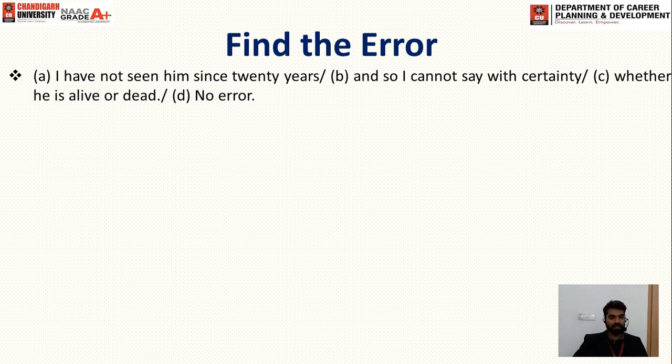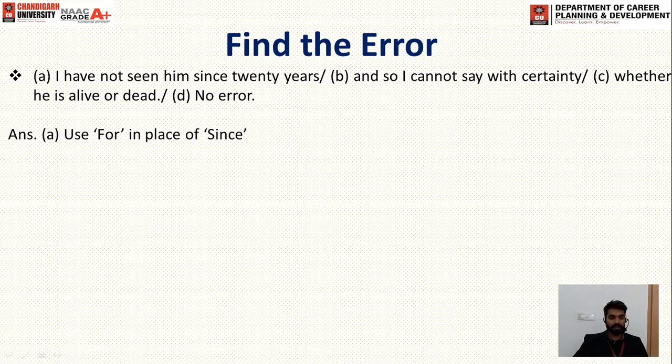Okay, the answer for this is option A. We'll be using for in place of since. Why are we using for in place of since? Students, understand that 20 years is a time duration, and for a time duration we use for, not since. We use since when we have to highlight a specific point in time.